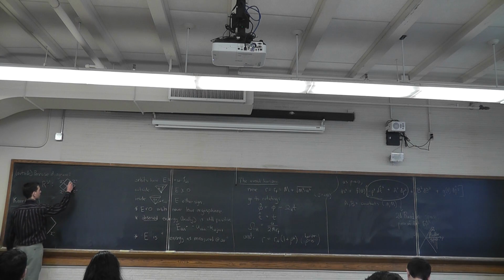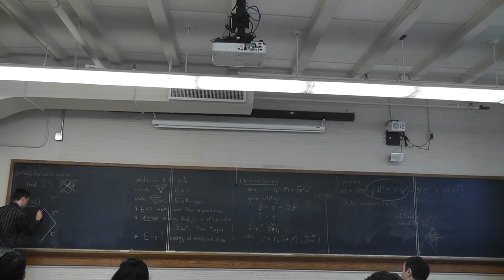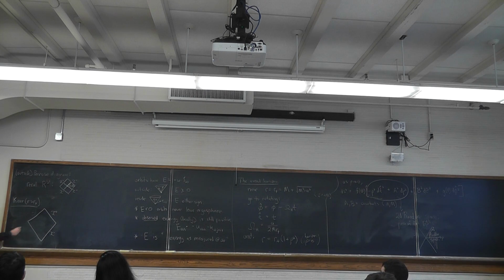So the conformal structure of the Rindler horizon is these intersecting null lines. So for Kerr, we must have something similar. This line here is like this piece of Rindler space. This line here is like that piece of Rindler space. So this one is called the future horizon, H plus, and this one is called the past horizon, H minus.